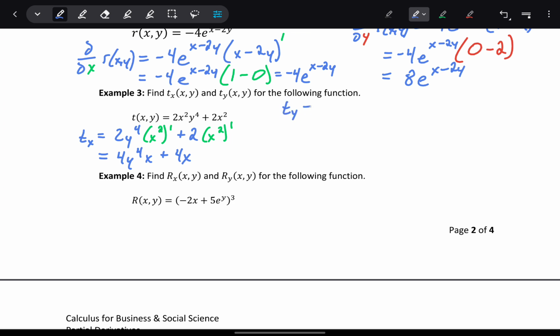Then to differentiate with respect to y, 2x squared is just treated as a coefficient or a constant multiple.